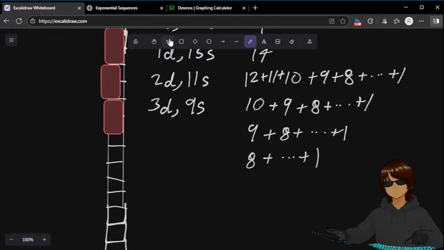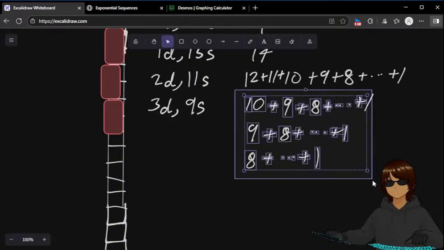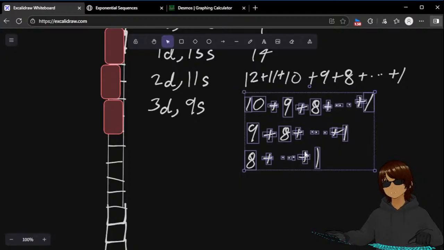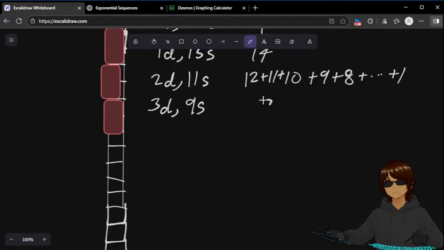This would be sum from 10 to 1. From 1 to 10.